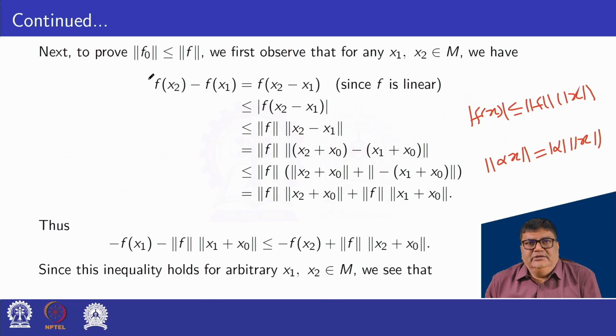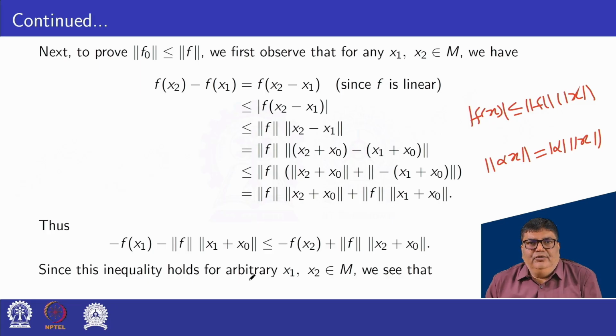Thus this is less or equal to this. Thus this can be written as minus f(x1) minus norm f into norm (x1 plus x0). Okay, this term is the left side and this is the right side. So we can write minus f(x1) minus norm f into norm (x1 plus x0) less or equal to minus f(x2) plus norm f into norm (x2 plus x0).